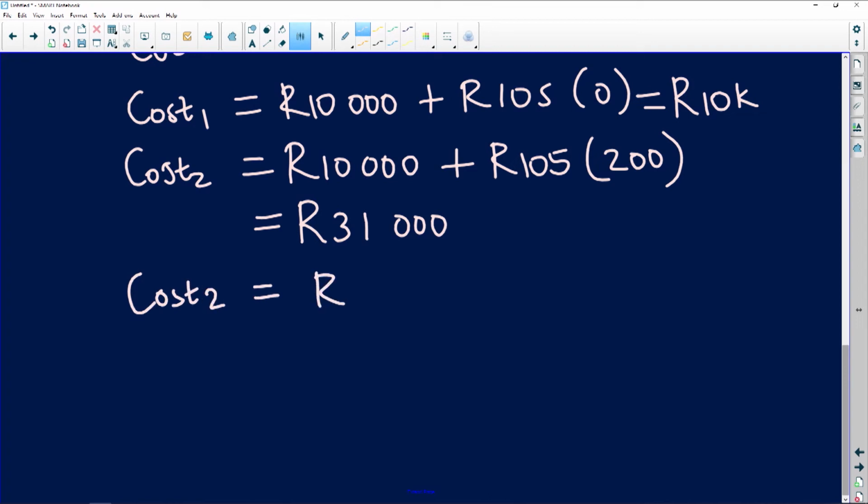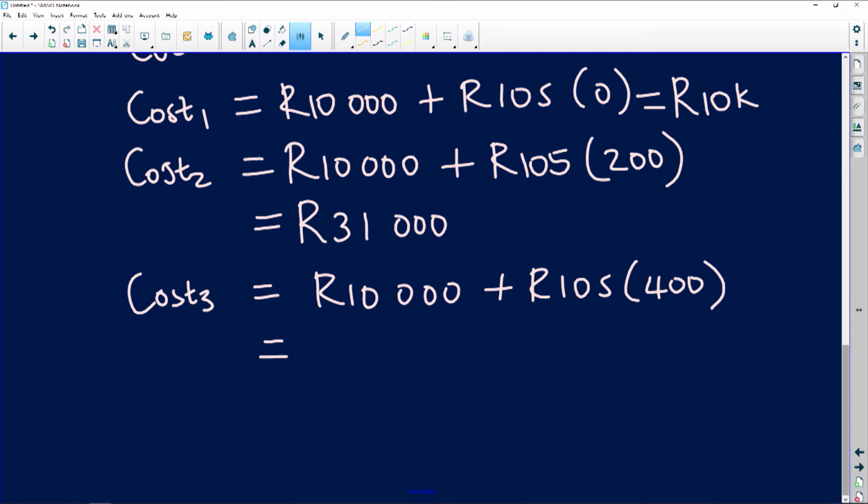Sorry, that's cost 3. Same story. That's what the formula is for, guys. The second one that we're given is 400, and we need to do it for all of them.